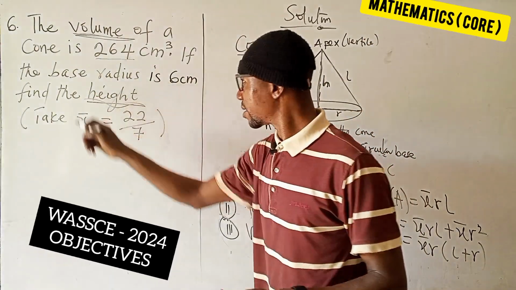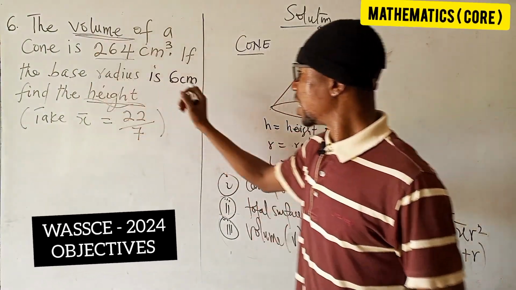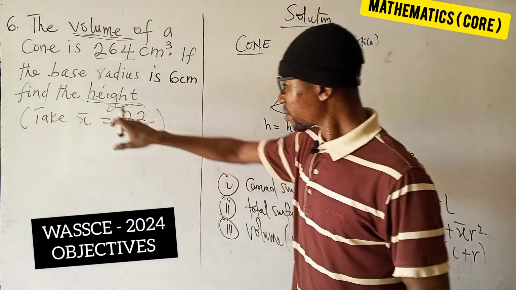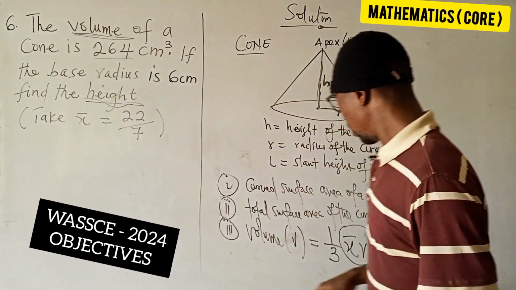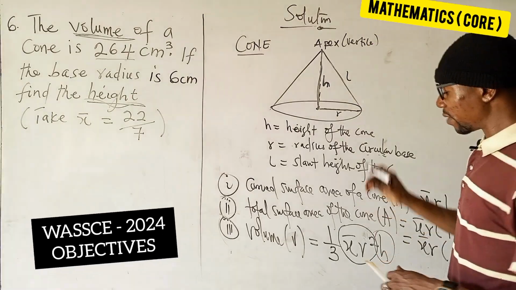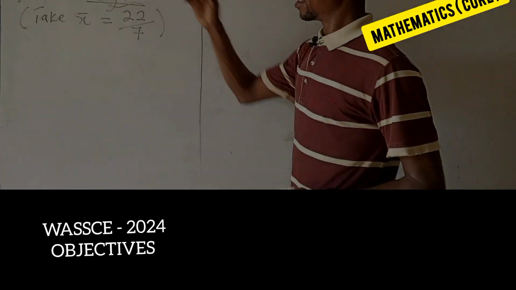So we are looking for the height. Since the volume has been given, and the radius has also been given, along with pi, we need to calculate the height from the volume formula. So let's look at solving the problem.